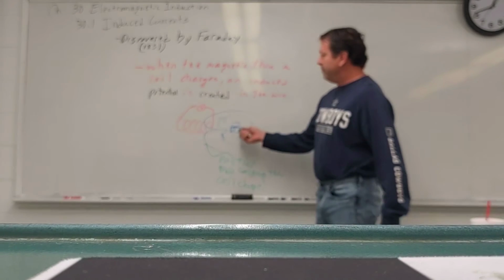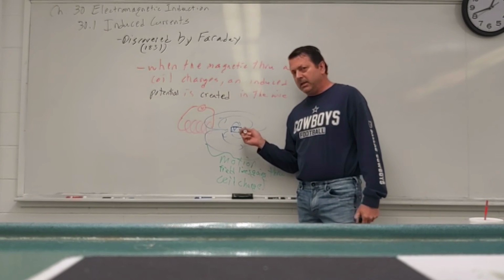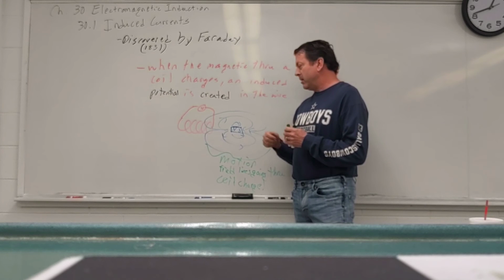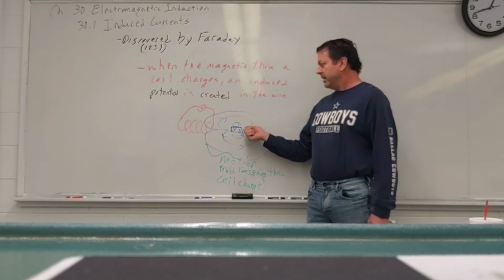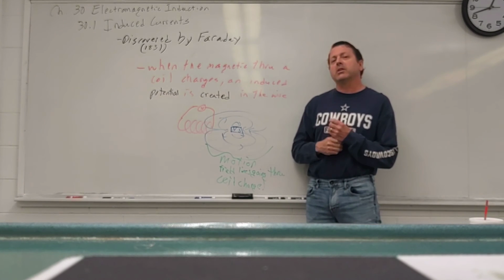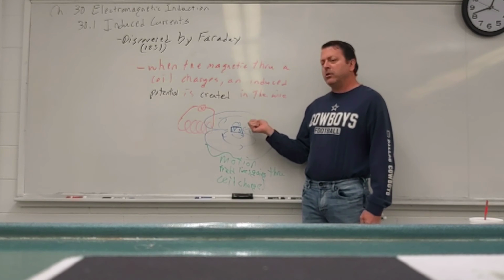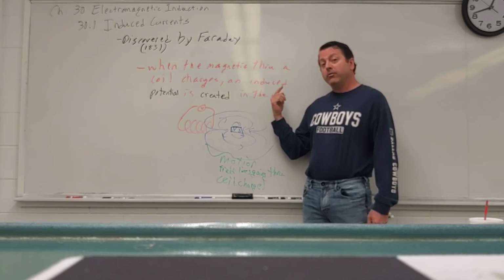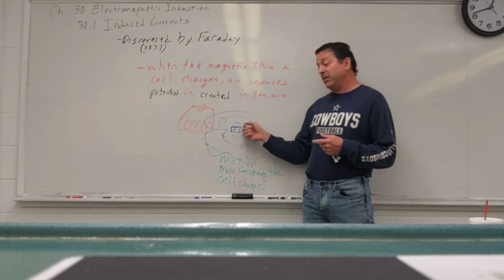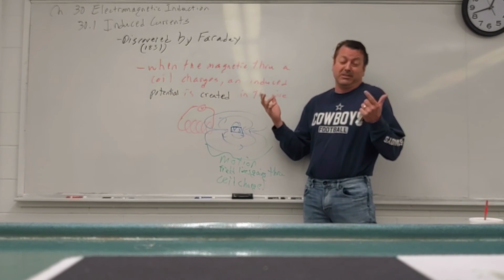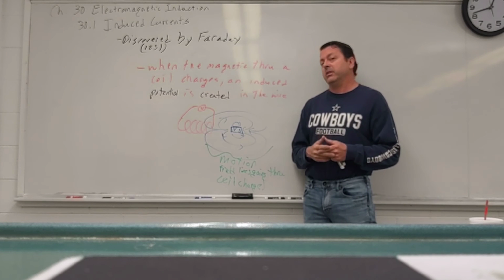Now, this could be a magnet. This could also be another coil of wire with current running through it. And that's the case of what I talked about with the light switch. If I have another coil of wire with current running through it and I flip it off, then all of a sudden the magnetic field here, which was strong, or at least somewhat strong, goes down to nothing.